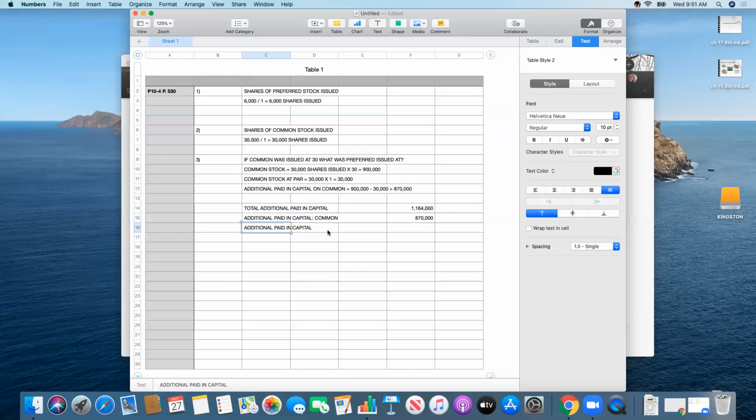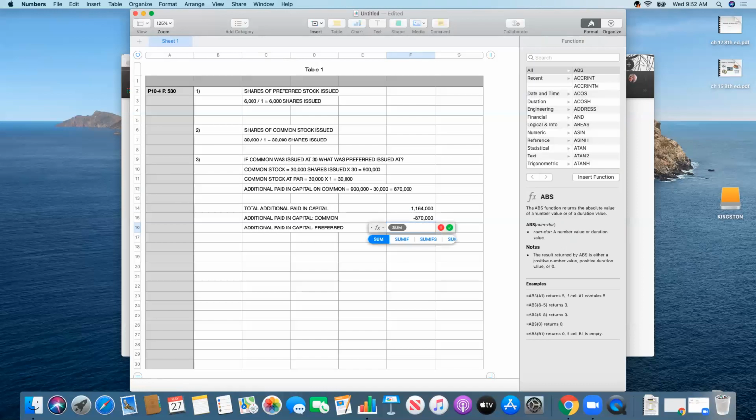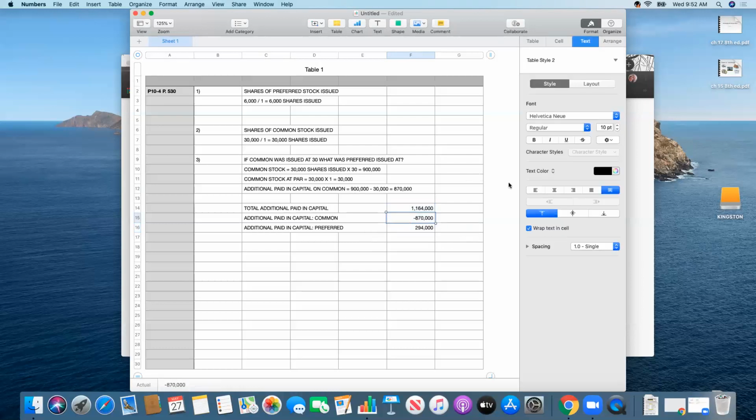Additional paid in capital on preferred is the difference. Okay, so additional paid in capital on the preferred is 294.